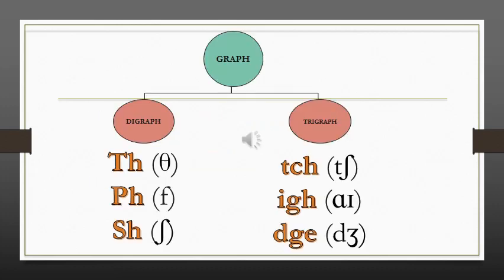The next and last concept that we are going to study today is the graph. Before starting it, I would like to differentiate between the phone and the graph. Phone, as the word itself describes, is about sounds. Whenever we speak, the sound of any phoneme we produce is the phone, while the written form is called the graph.